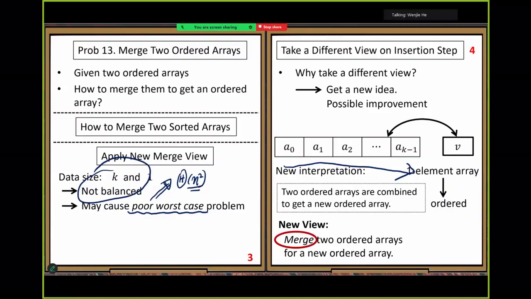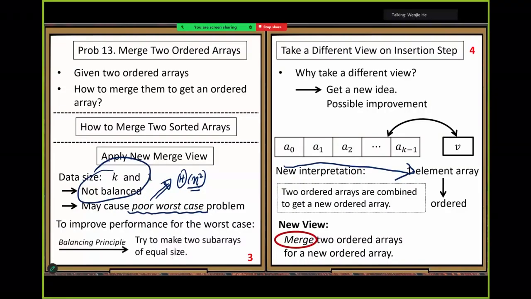So now let's do it. In this merge sort, when we split a given array into two subarrays, we want to do an even split.